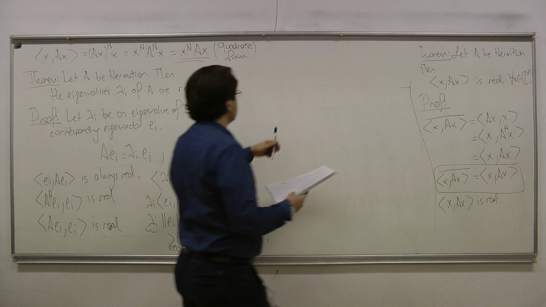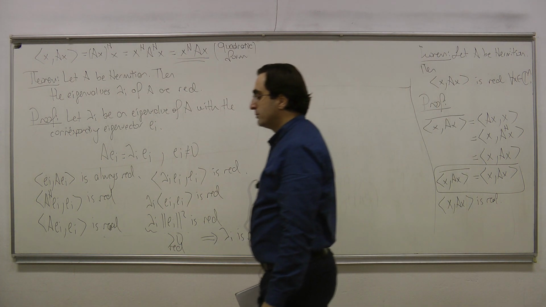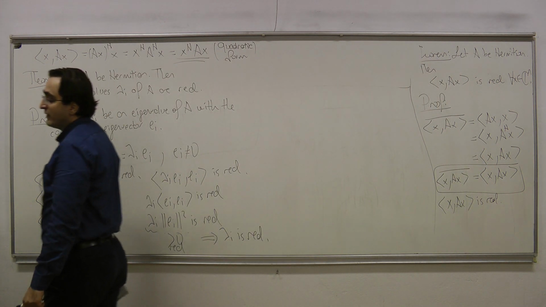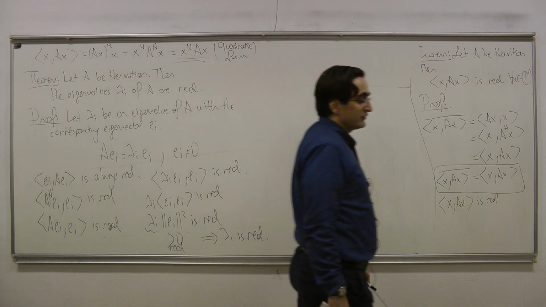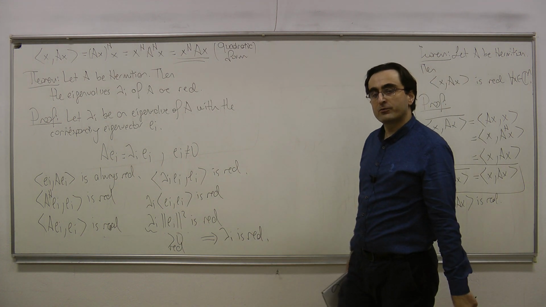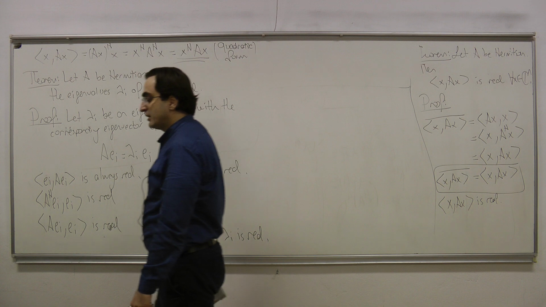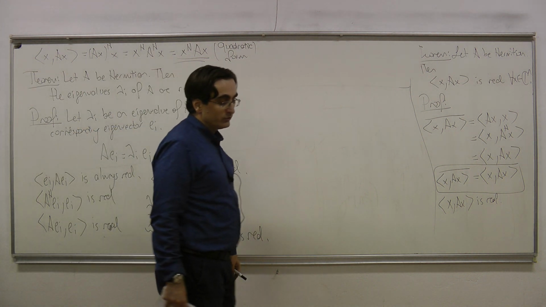Now let us go into the eigenvectors. In the earlier simple example, we saw that the eigenvectors are orthogonal to each other. They were eigenvectors belonging to distinct eigenvalues. The eigenvalues were 3 and 1. They were distinct eigenvalues, and the eigenvectors belonging to them were orthogonal to each other.